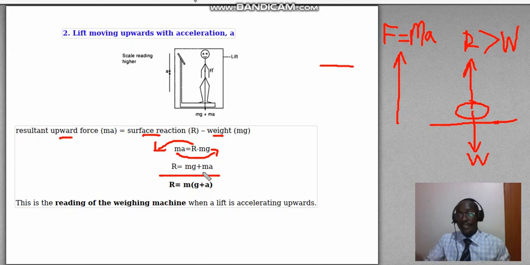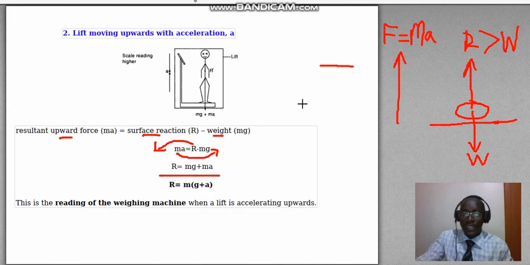And we have already said that our weighing machine is going to read the reaction. So in this case, you can see the reaction is equal to the actual weight plus a net force. And that tells you that this object will be heavier than it actually is. And so the reading on that weighing machine will be greater than the actual weight of the person. And this is the relation that we can use to calculate that.